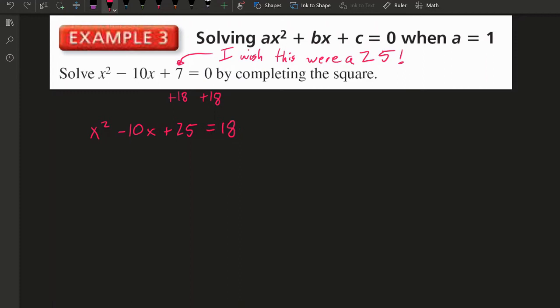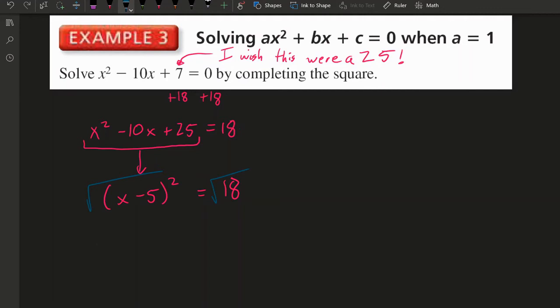Now I have a nice equation to solve, because x squared minus 10x plus 25 will factor into x minus 5 squared is equal to 18.